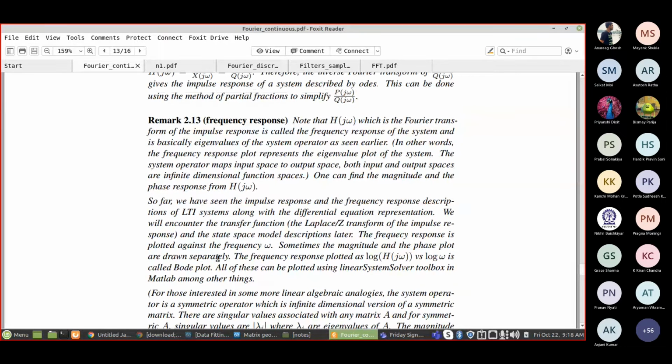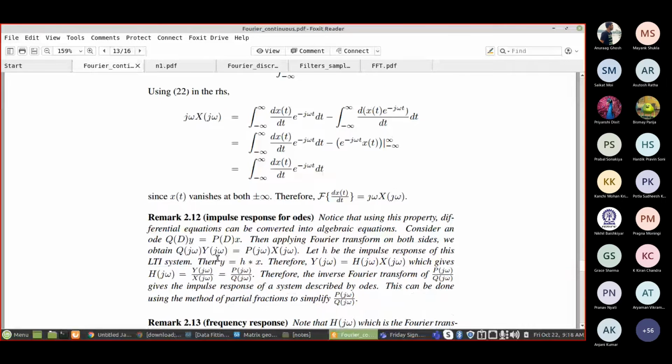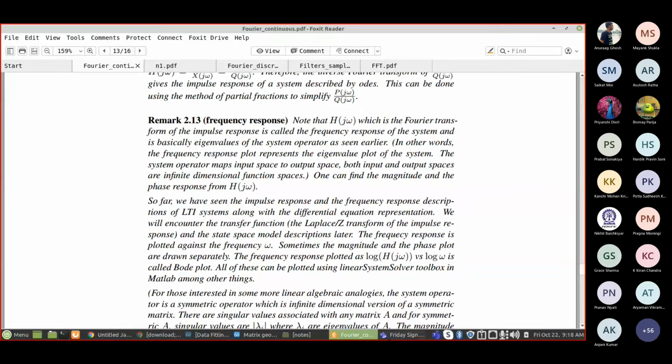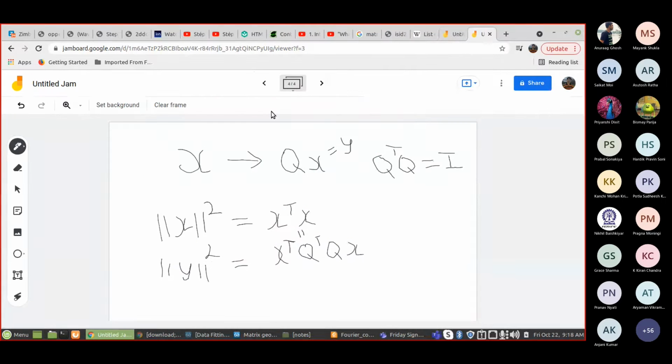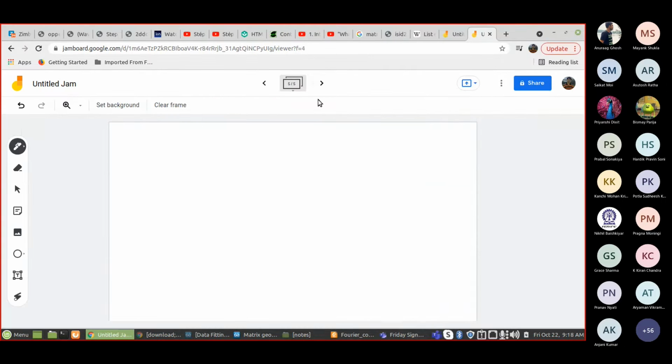One thing regarding frequency response that I forgot to mention is the Bode plot. H of j omega: you can plot it as omega goes from minus infinity to plus infinity. This is called the frequency response, and you can take log of h, log to the base 10, and you can also take log of omega to the base 10.